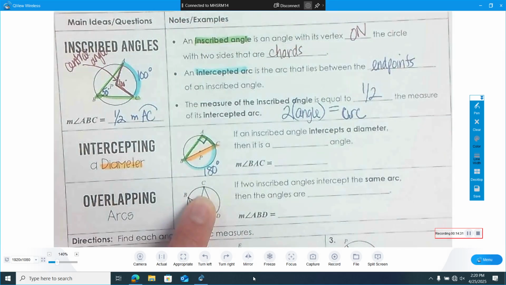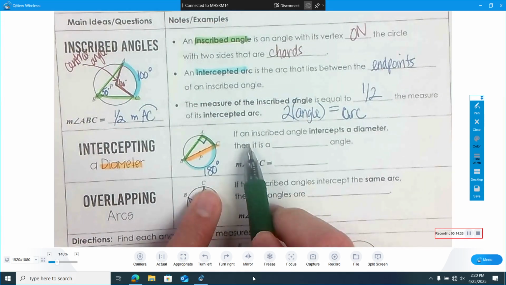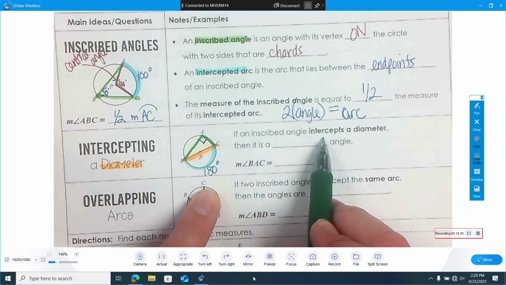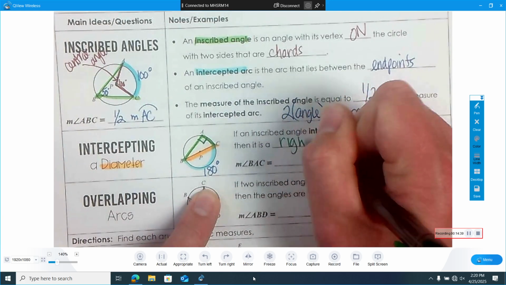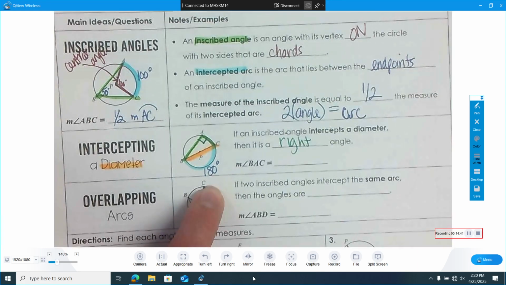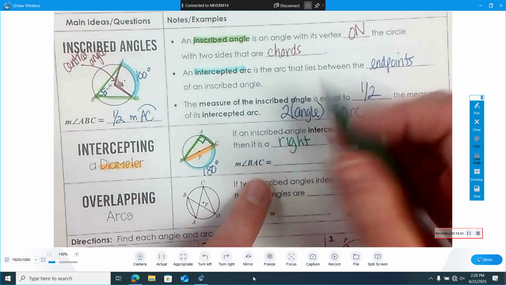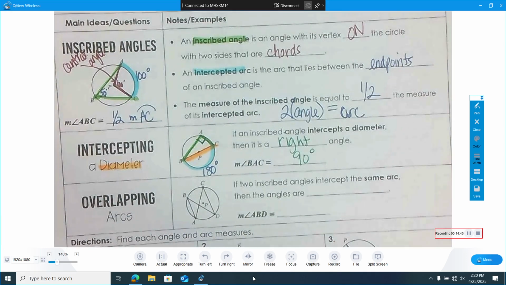It's 90 degrees. So, if an inscribed angle intercepts a diameter, then it is a right angle. So the measure of angle BAC is 90 degrees. So paying attention to diameter is very, very useful. Now, overlapping arcs.